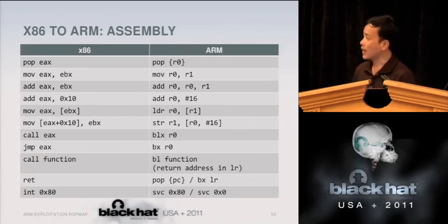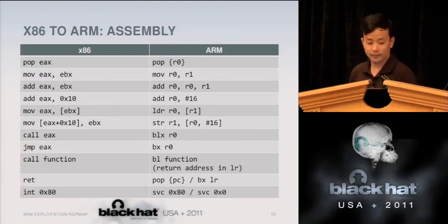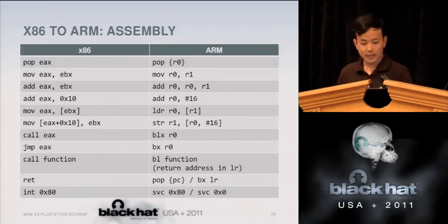For data movement, we have the move instruction, the same in both architectures, like moving from one register to another register. For arithmetic operations, we have the same instructions, add and sub, like add a register with a value or sub a register with a register. For memory access, they are a bit different.